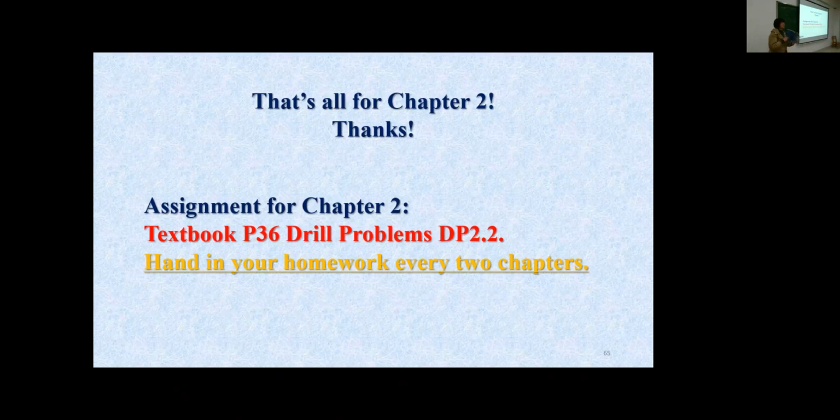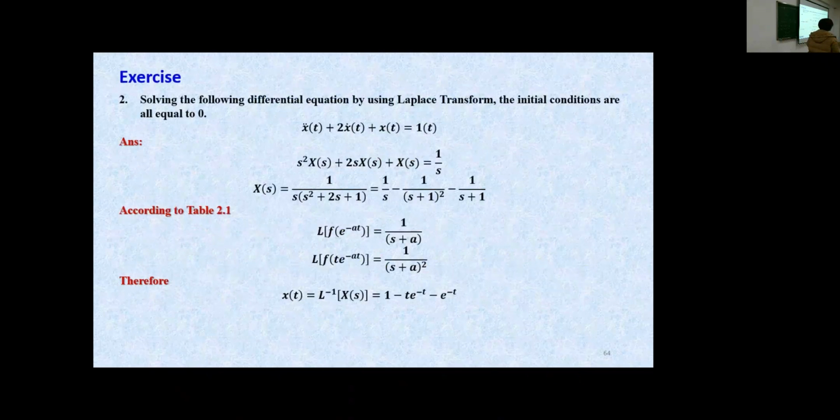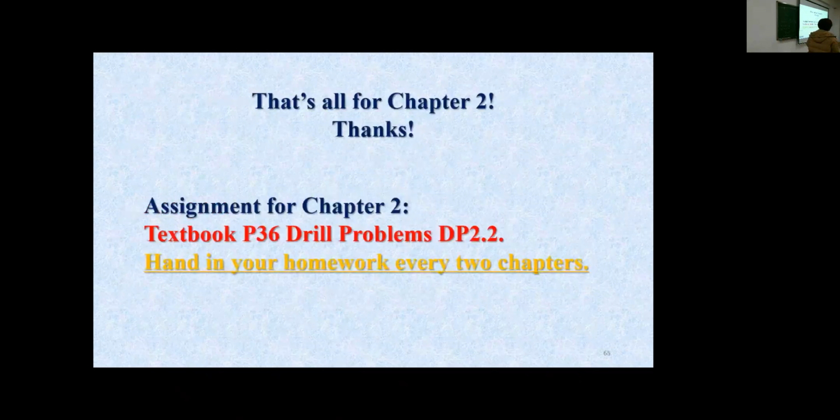For those who have this textbook, please take a picture of it and help me upload the problem. Okay, hand me your homework from last week. Okay, next week.